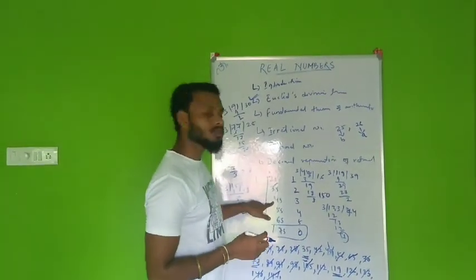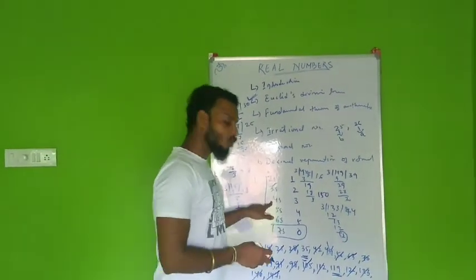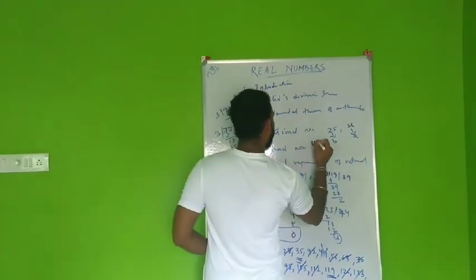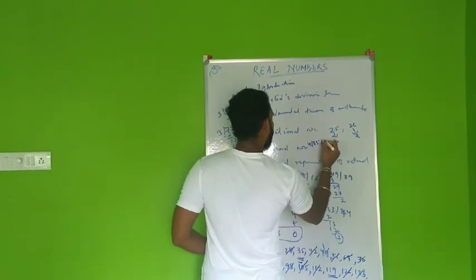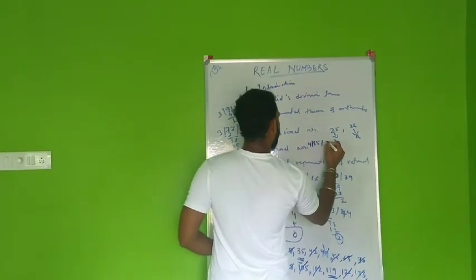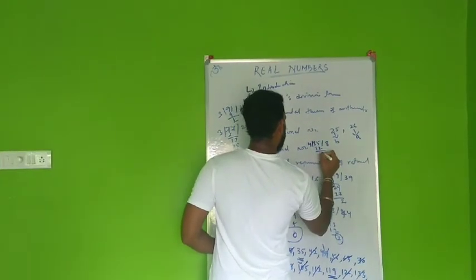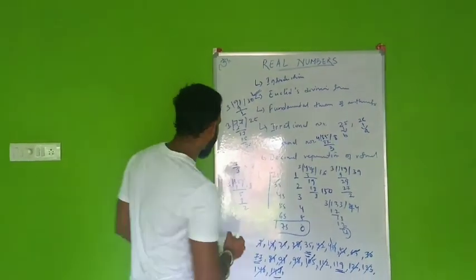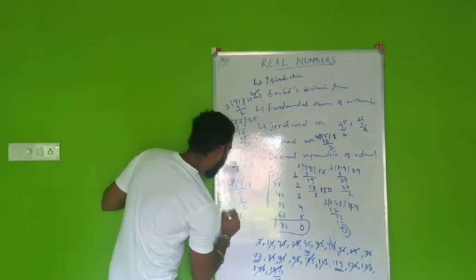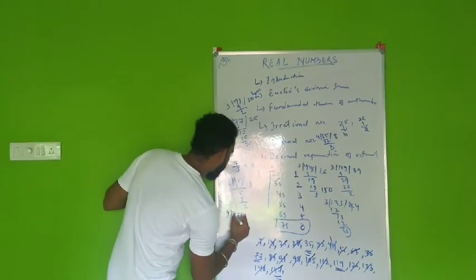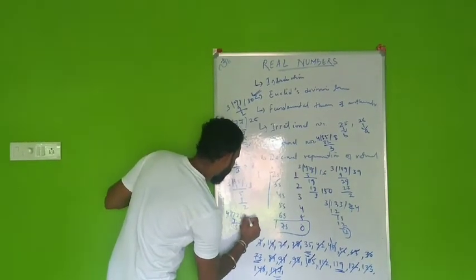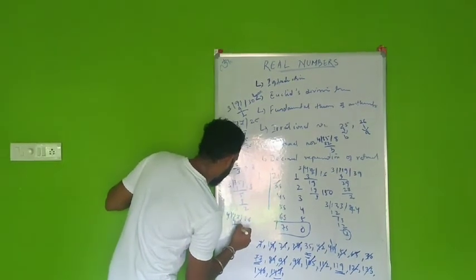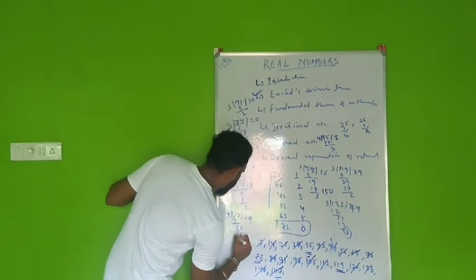Now 35. If I divide 35 by 4, it should leave the remainder 3. Let us see. 35 divided by 4: 4 times 8 is 32, so it leaves the remainder 3. It may be a possibility. Now 77 divided by 4: 4 times 19 is 76, so the remainder is 1.